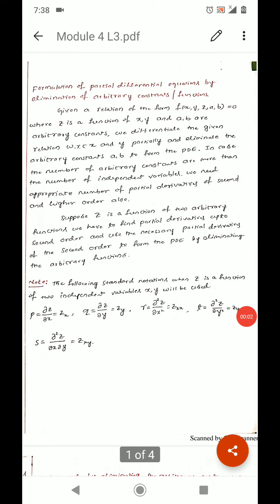So in the fourth module, that means partial differential equations, we have the formation of partial differential equations by eliminating arbitrary constants or arbitrary functions.